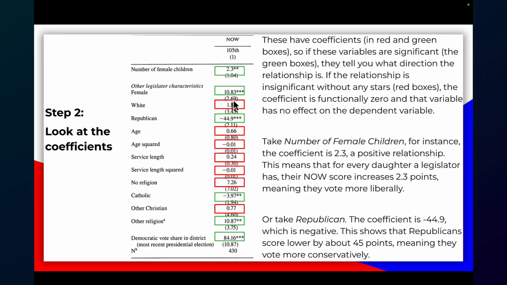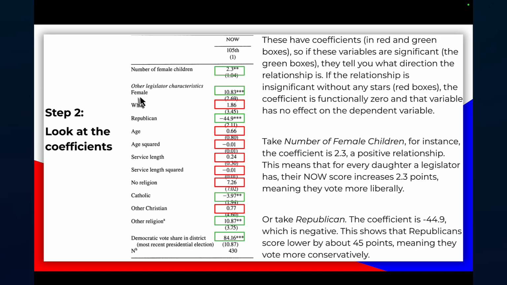Or take this Republican coefficient. That's negative 44.9, right? This is negative. And so this is showing if the legislator was Republican, that their score is lower by about 45 points, meaning that they vote more conservatively. We can also do the same for female.